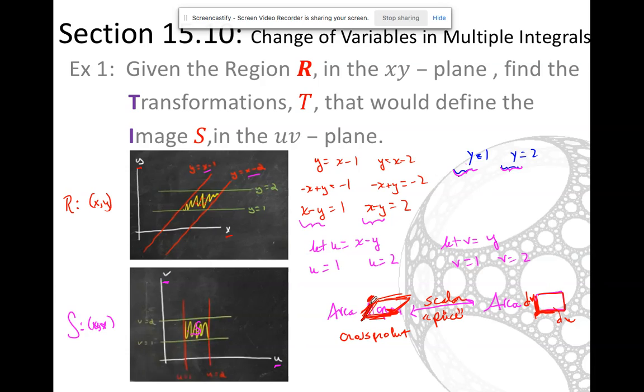Well, in a parallelogram, if I'm transforming my X's and my Y's in terms of U and V, then the small changes are going to be differentials. So the cross product, the area of this parallelogram, is going to be made up of differentials. And finding a cross product takes determinant work.